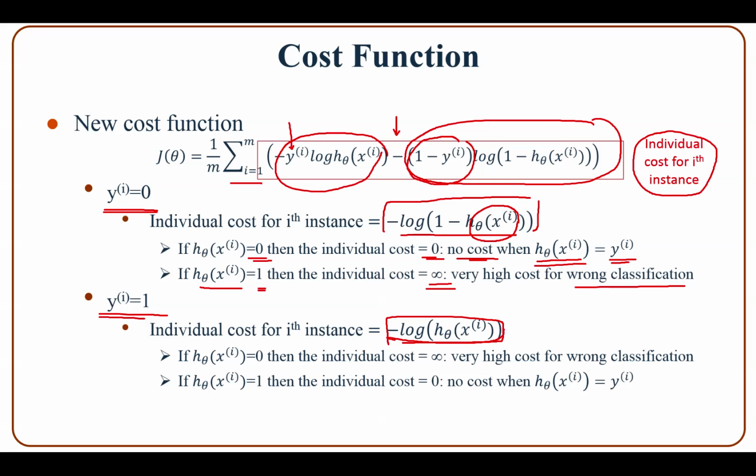We also look at the case that h of x at xi equals 0, and the individual cost is equal to infinity, and the cost is very high for wrong classification. And when it is equal to 1, then the cost is equal to 0, meaning that there's no cost when h of x at xi is equal to the actual value of the dependent variable.